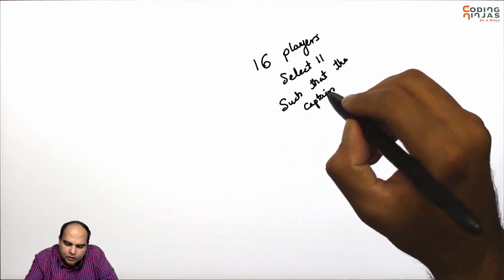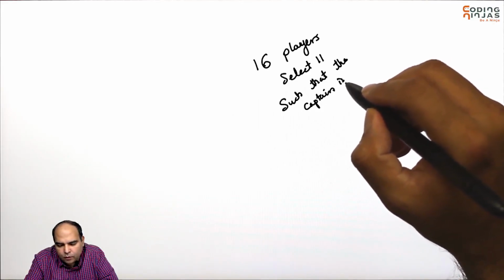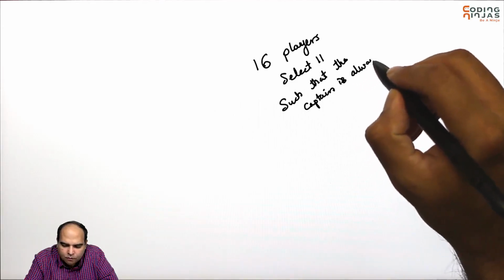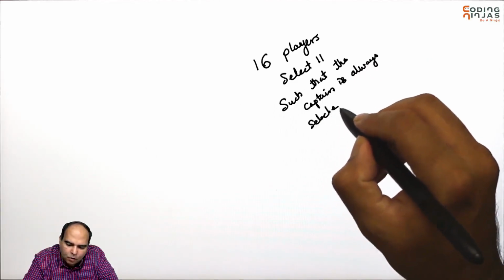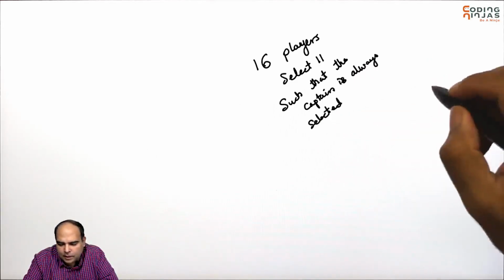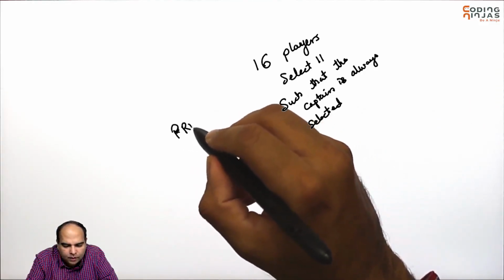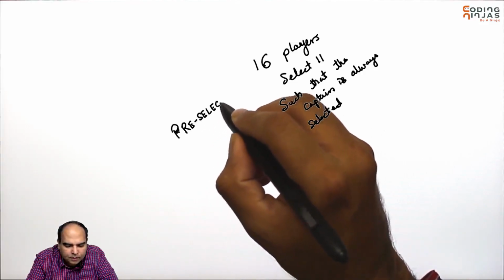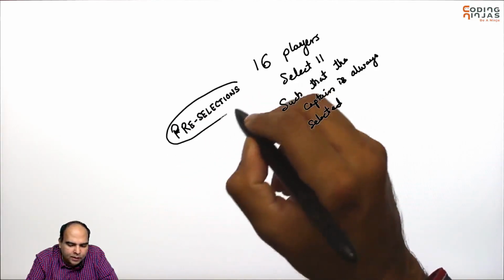These kinds of questions can be described as questions of pre-selection, such that the captain is always selected. That means you're already pre-selecting some selections before you use the nCr.